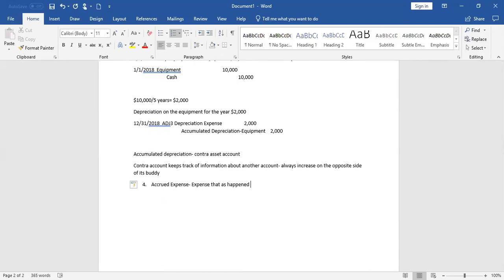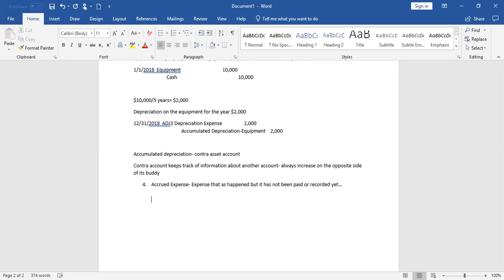The expense is done, but it has not been paid or recorded yet. So it isn't anywhere in our accounting records, but we had an expense. So this is a missing expense. If you think back to chapter 2, there was a transaction that said, received utilities bill will pay in 2 weeks. That's an accrued expense.